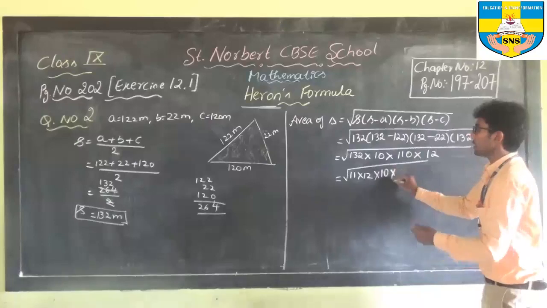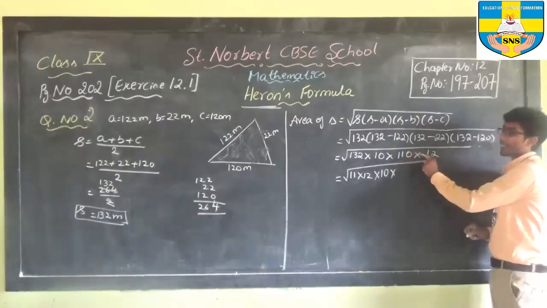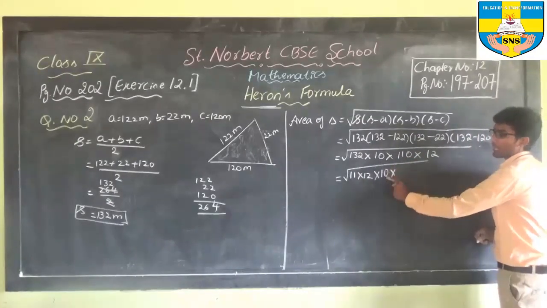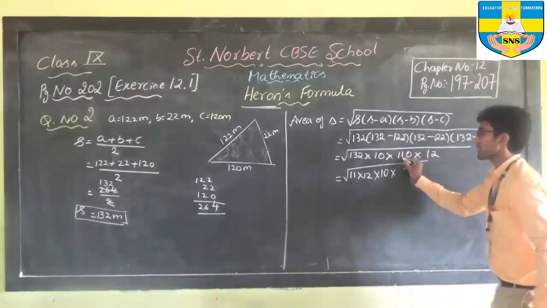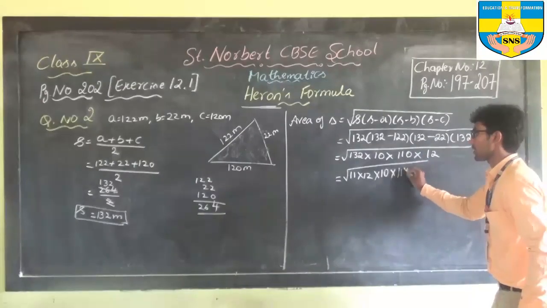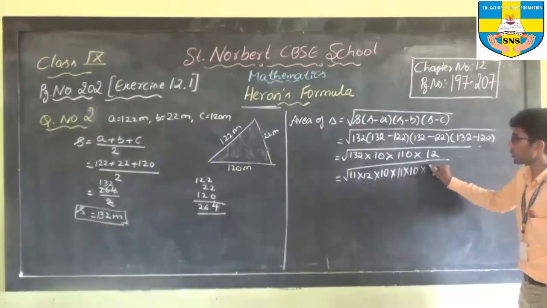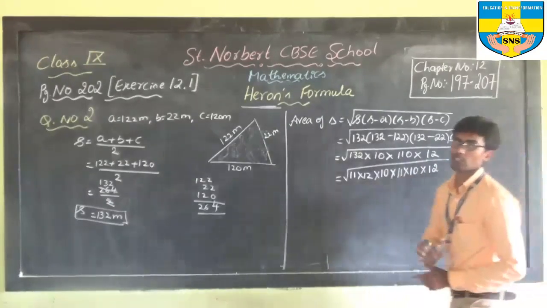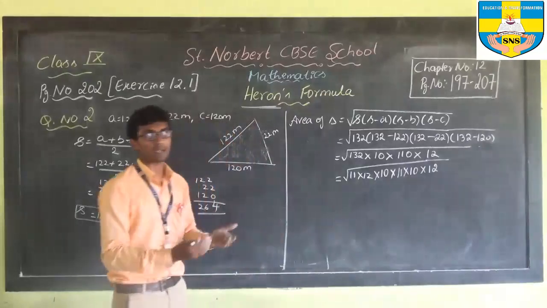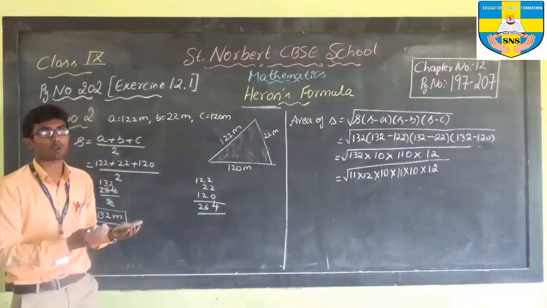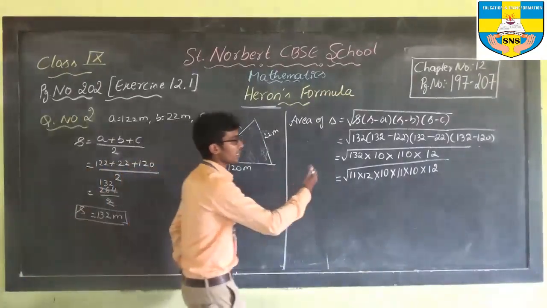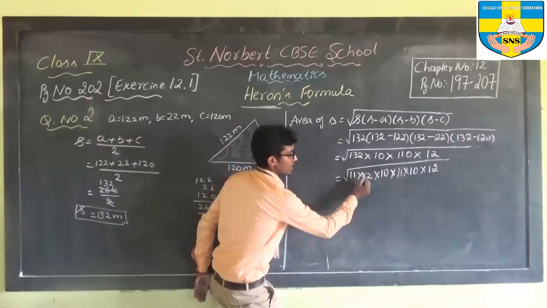Then 110 can be converted into another format. Already there is a 10, so I am going to write 110 as 11 into 10, and 12, already there is a 12, so I am writing 12. As I said, you require a little bit of practice. If you practice these types of problems, then you can directly write the answer. Look at this again.